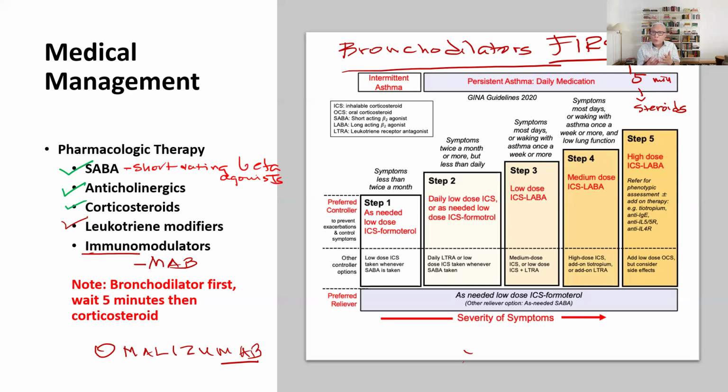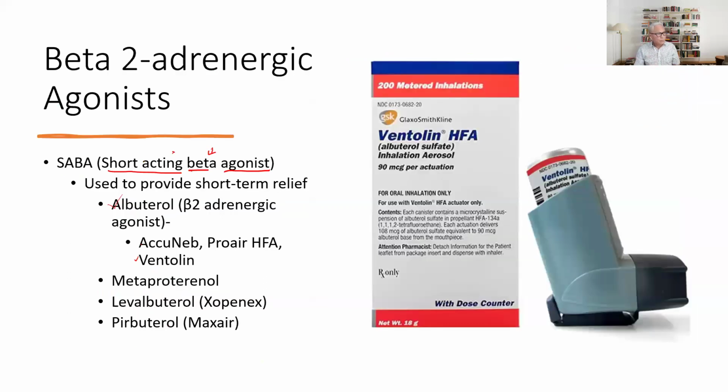And number two, it's going to dilate the bronchioles, and therefore, when you give the steroids, it will be a lot easier for the steroid to reach its particular target tissue. All right? So always make sure that you administer the bronchodilator first, and then 5 minutes later on, you're going to give the corticosteroids.